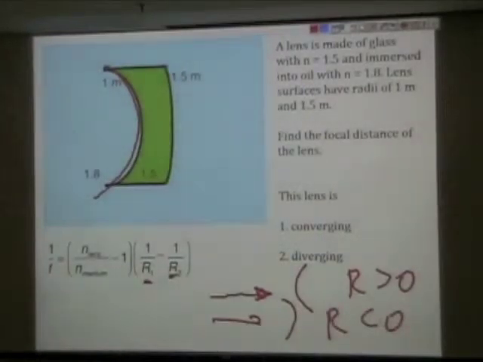So this light encounters first a concave surface, so R1 is negative, and then another one, so R2 is negative as well.